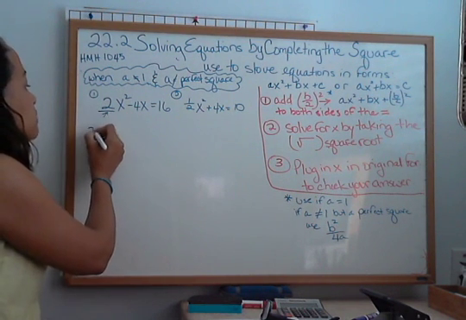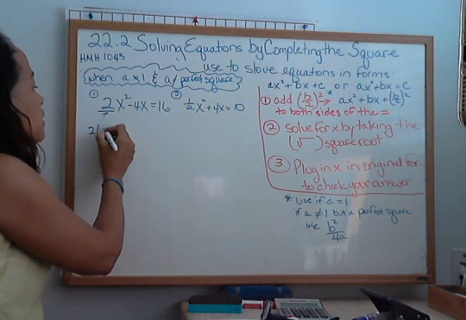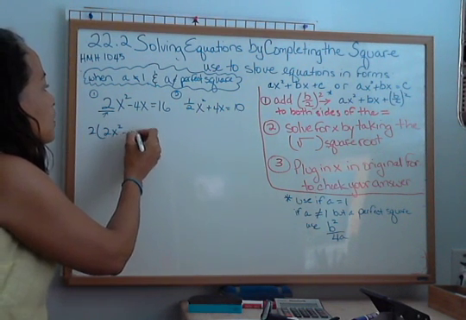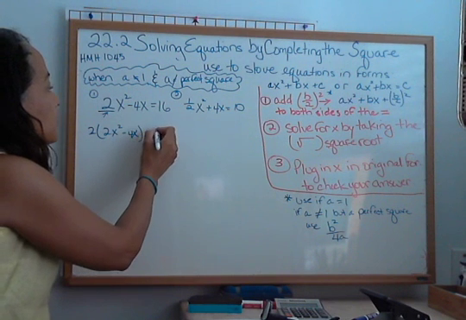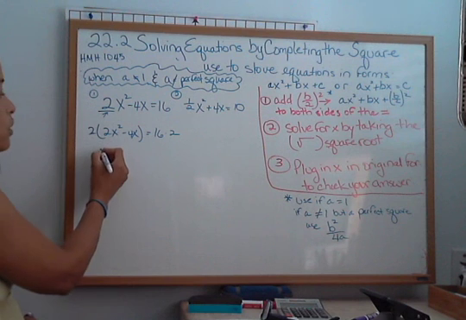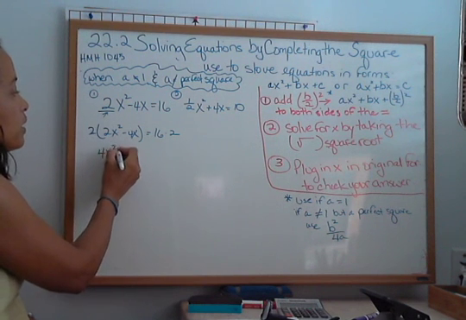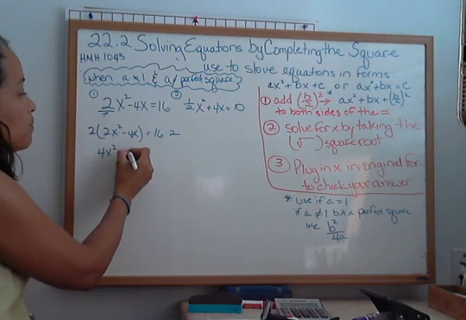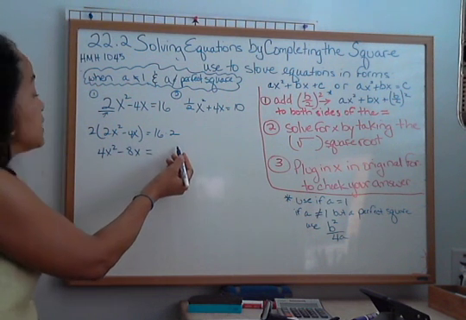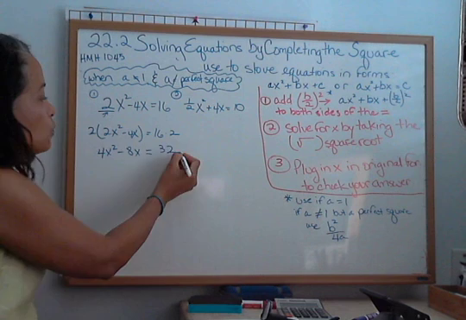So I'm going to multiply everything by 2. So 2 times 2x squared is going to give me 4x squared. 2 times negative 4x is minus 8x, equals 2 times 16, 32.